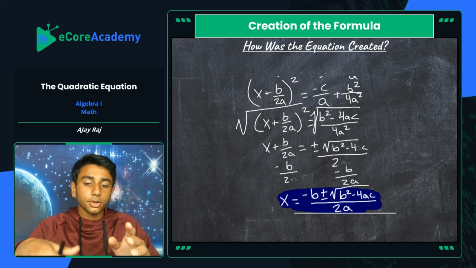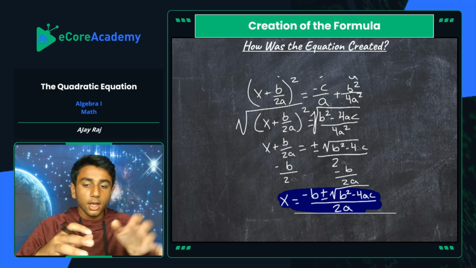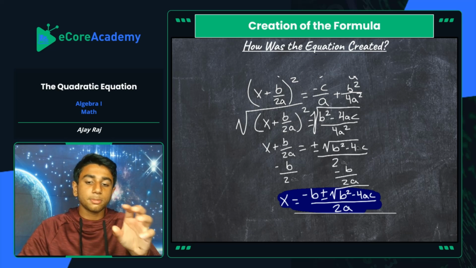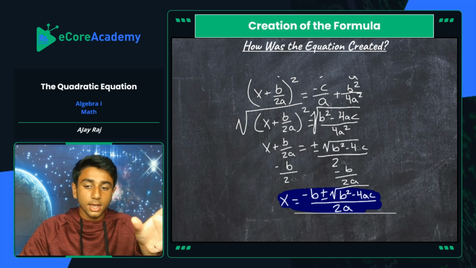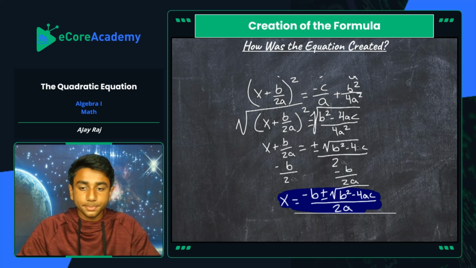And then afterwards, you're going to merely square root both sides, because now you have a perfect square on your left-hand side. So once you square root that, you're left with x plus b over 2a on your left-hand side. And now you can start to see the formula actually shaping up.